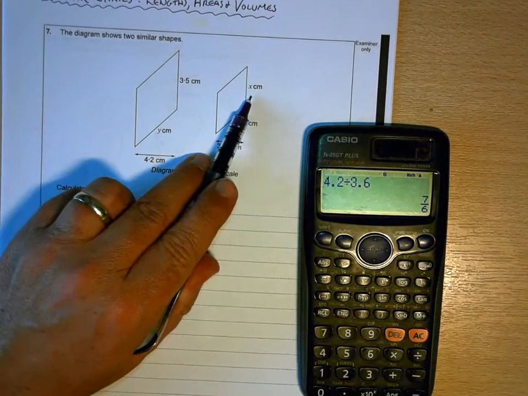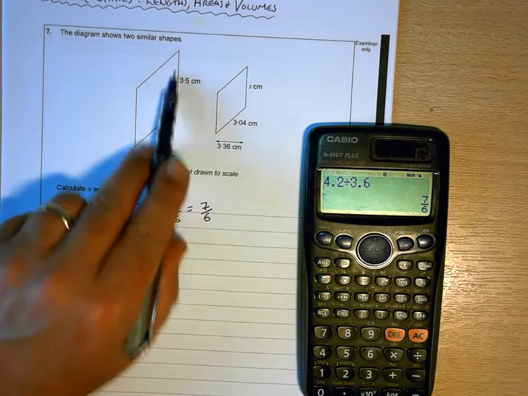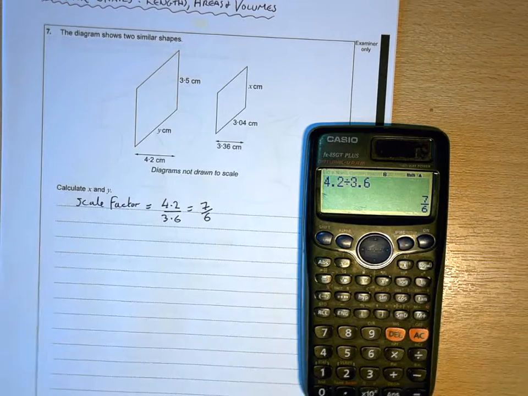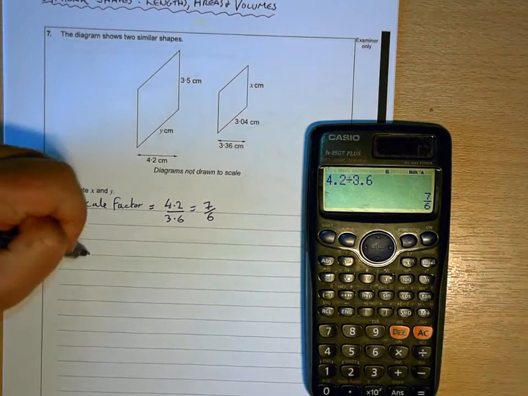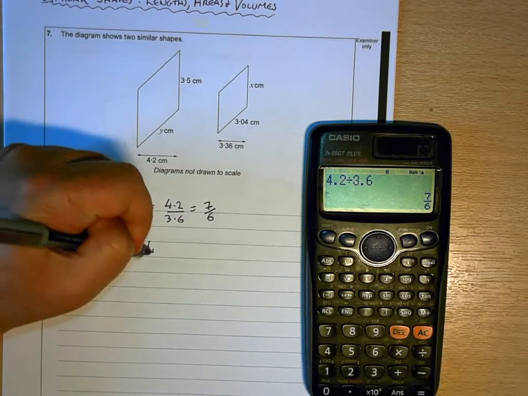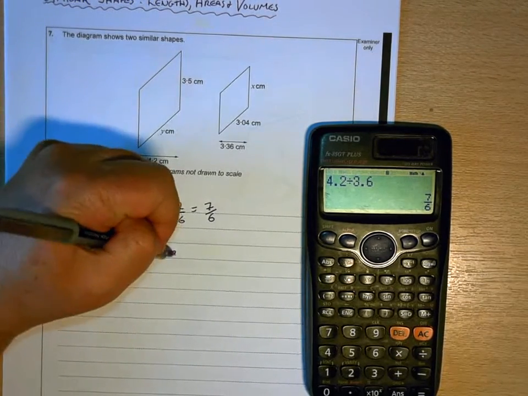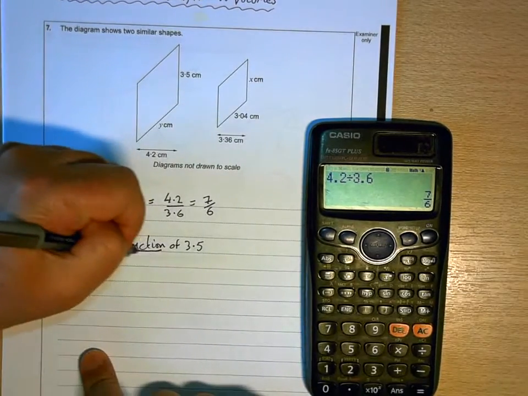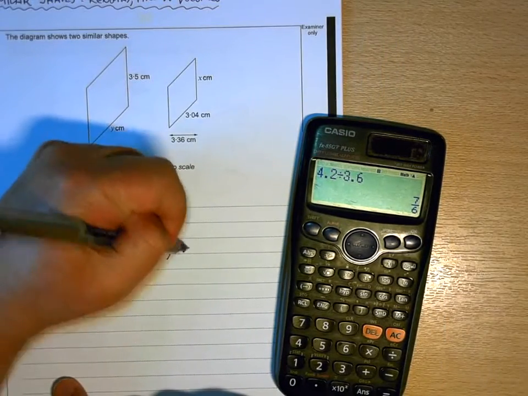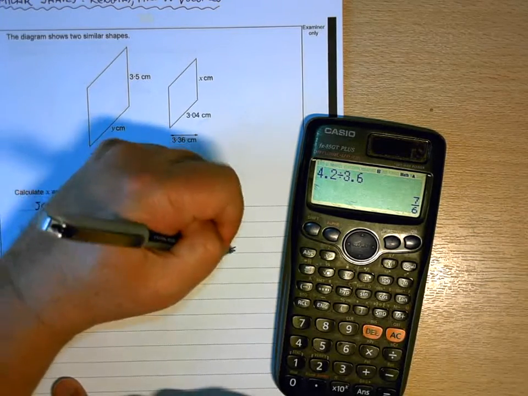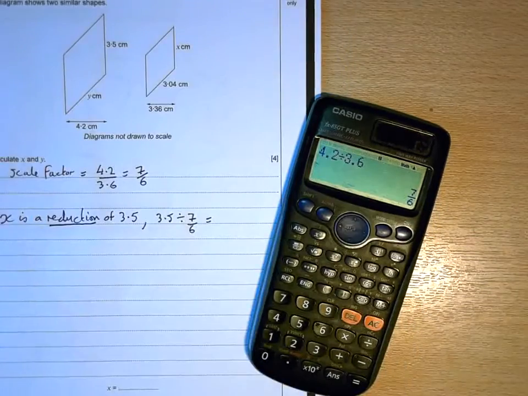So x is going to be a shrunken version of 3.5. So we're going to do 3.5 divided by 7/6.